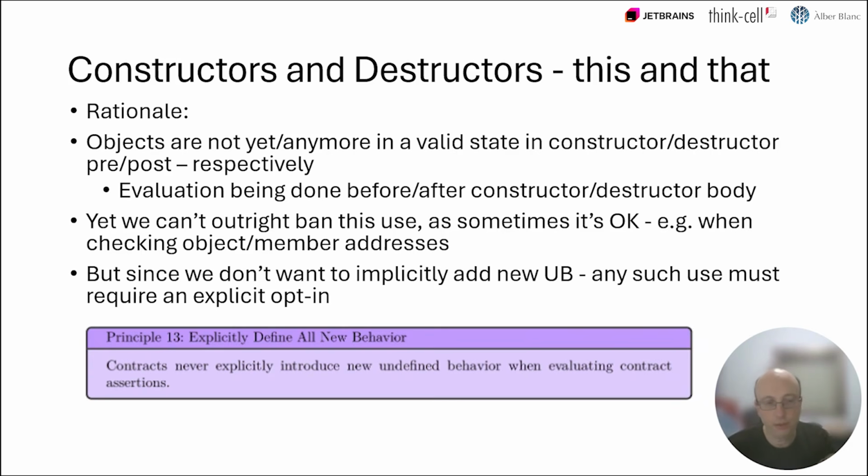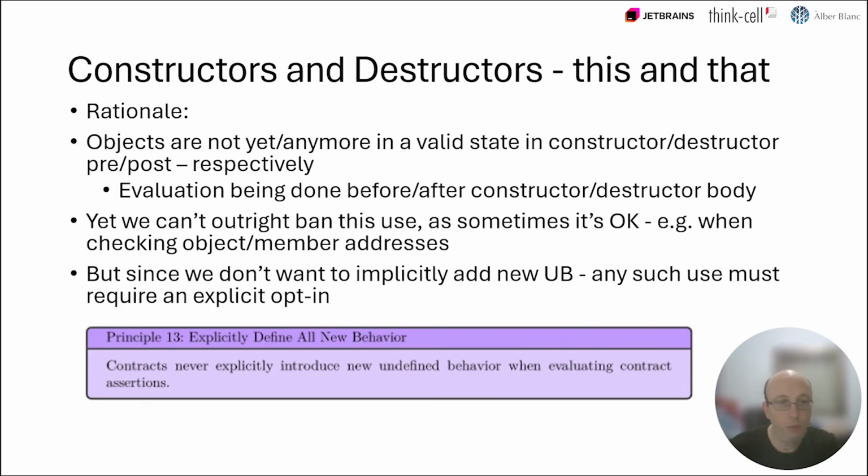And one of our principles is that we do not want to introduce new undefined behavior via contracts. Now, it wouldn't exactly be the contract mechanism itself that would be introducing such undefined behavior, but it would be, in our mind, too easy for users to mistakenly introduce such behavior.